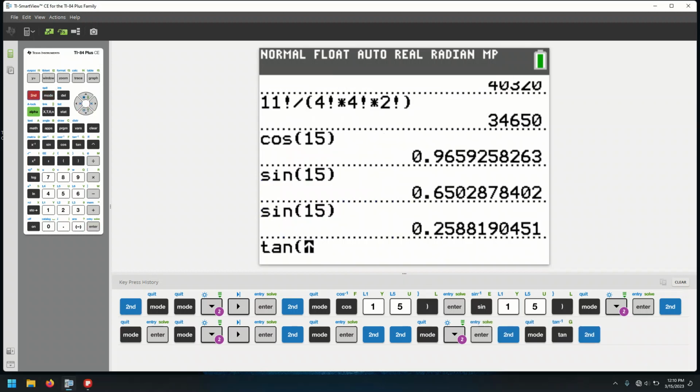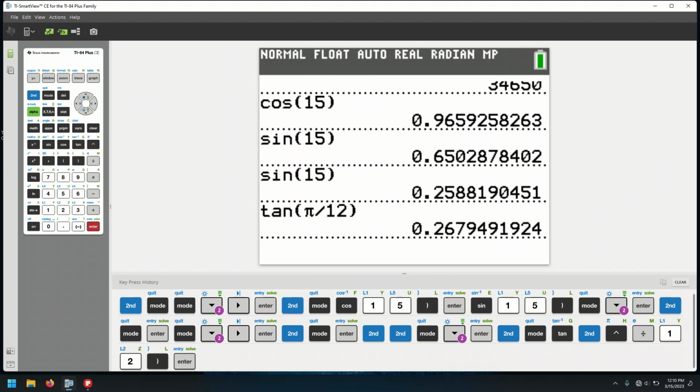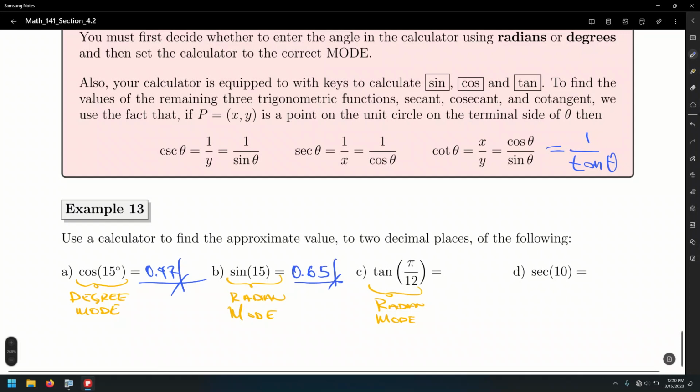Click on tangent of second pi over 12. Close parentheses, click enter, 0.2679, that's 0.27. No work needs to be shown in this case because it's a calculator type of question. Just make sure you're in the right mode.